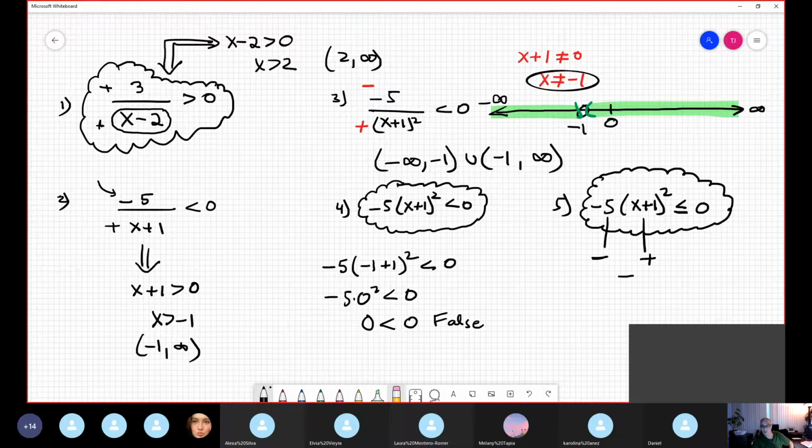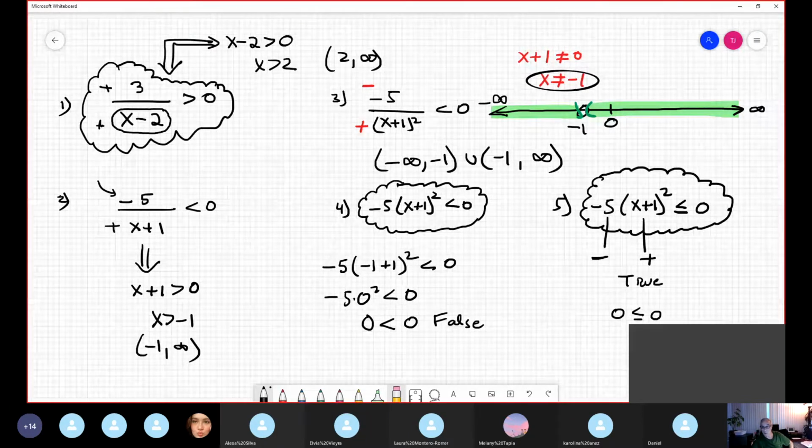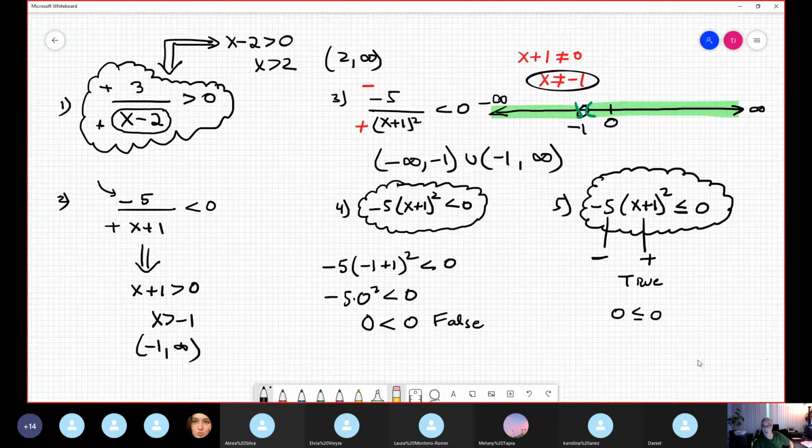It's true always. If it's true always, how do you write it? Because it's equal to 0. Okay, 0 less than or equal to 0 is a true statement. Therefore, the solution of this weird inequality is all real numbers.